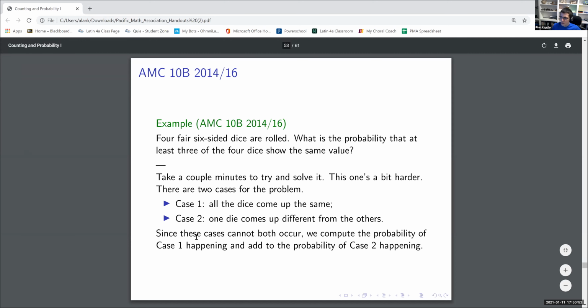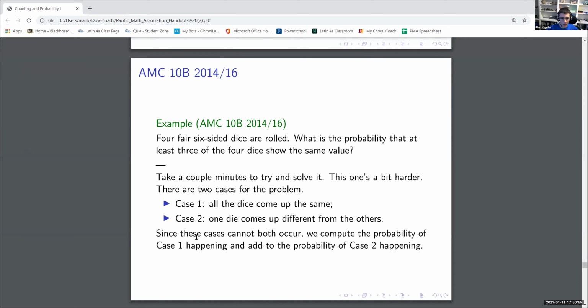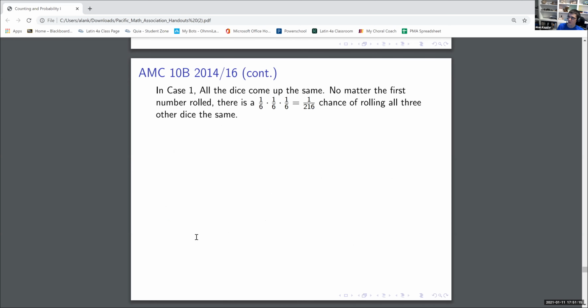So we're going to have two cases for this problem. First case is where all the dice come up the same. And the second case is that one die comes up different from all the others. We're going to add these two cases to each other at the end. In case one, no matter what the first die is, for instance, if the first roll is a 3, then there's a 1/6 chance of the second one also being a 3.